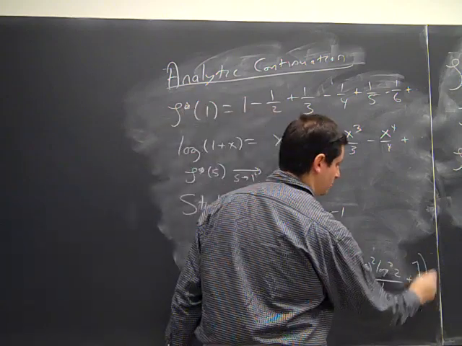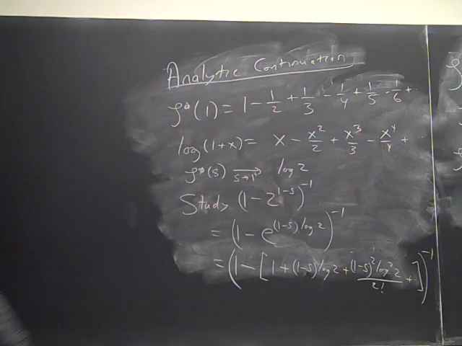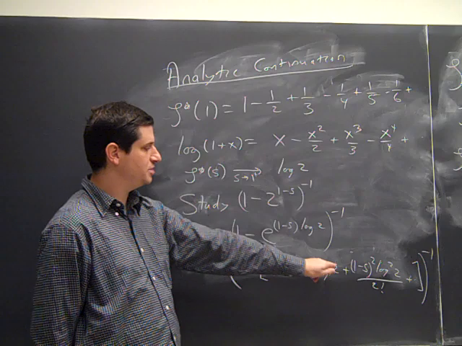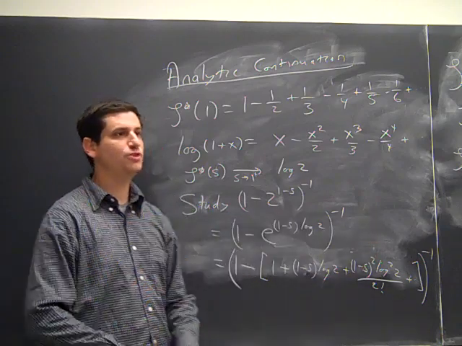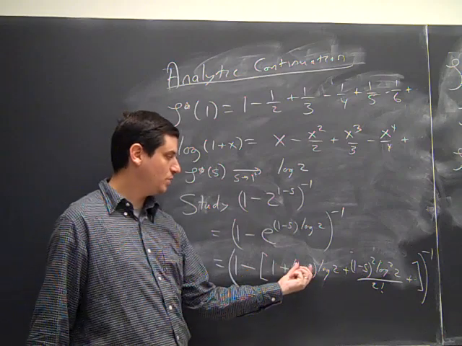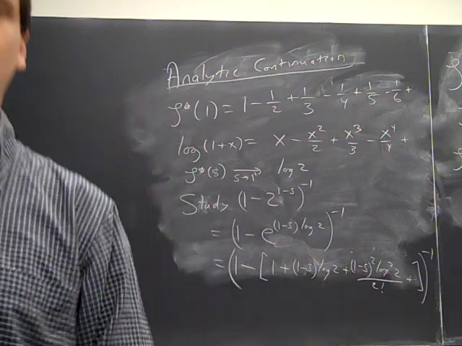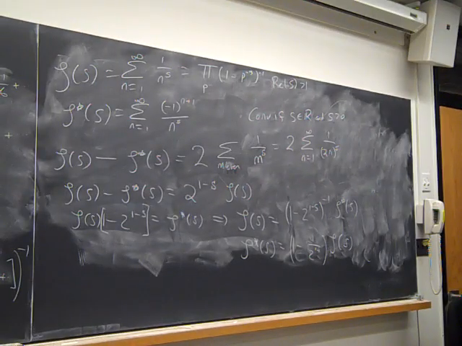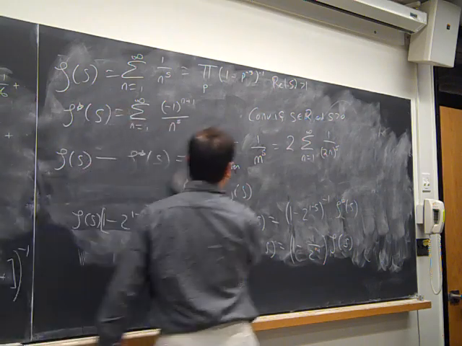And I have to take the inverse of this whole thing. When I look at this, the 1's cancel, and I get 1 minus s log 2 plus 1 minus s squared. So when s is really close to 1, the denominator looks like 1 minus s log 2. This is where blackboard space would be really nice. But, all right, I'm going to leave the relationships for zeta and zeta star.